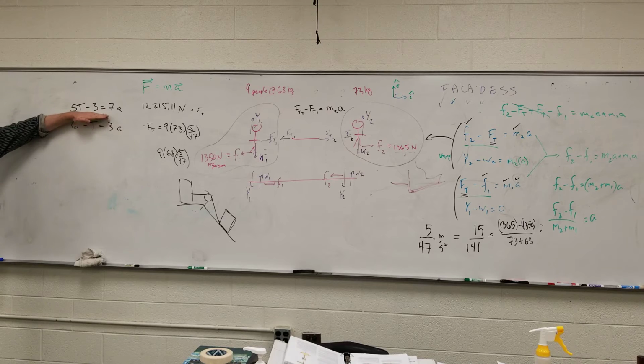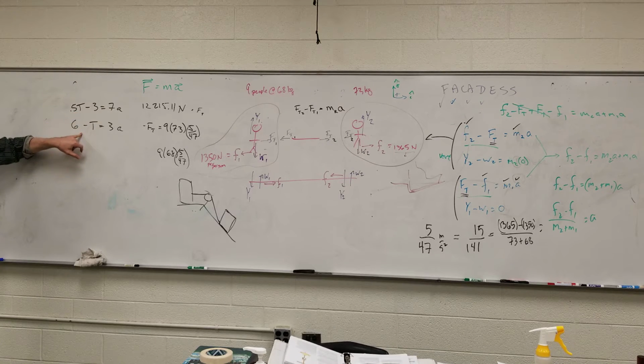I could just multiply everything in the first equation by 2 in this particular case, and now they would cancel out. Or I could just solve for t and plug into here, or solve for a and plug into the other one. There's a slew of techniques that they would have done in algebra 2, to solve it.